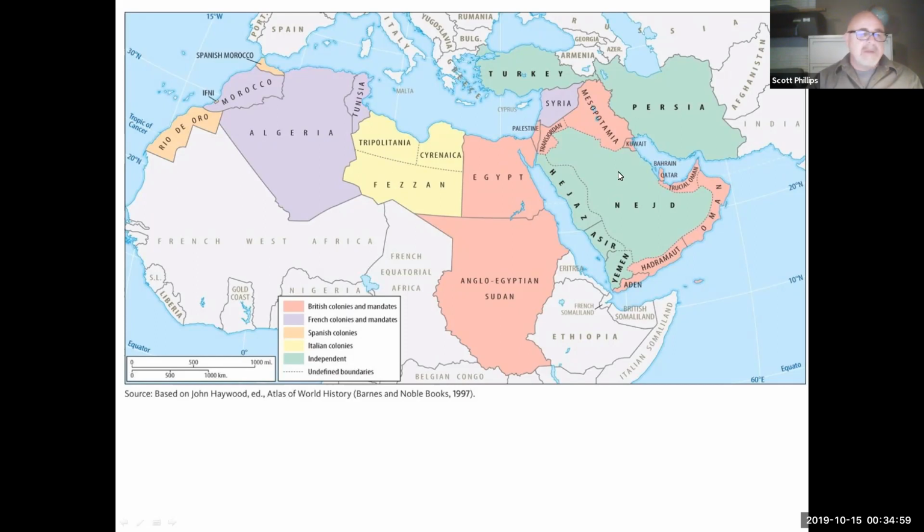You have independence now for much of the Arabs in what's now Saudi Arabia. And you also have an independent country of Persia, which is now Iran. So you have a mix, and some of these borders have very straight lines on them, because at the end of the war, when these different parties were occupying the areas, they drew fairly arbitrary lines to divide up where these countries were.